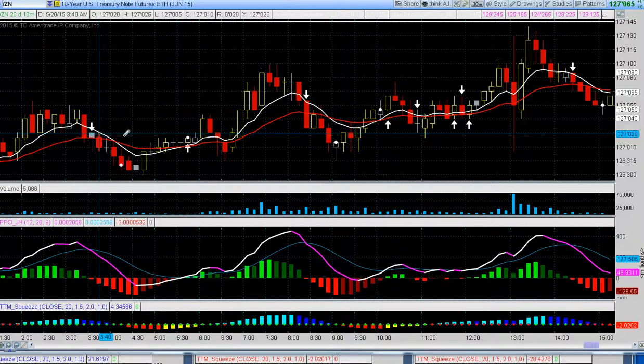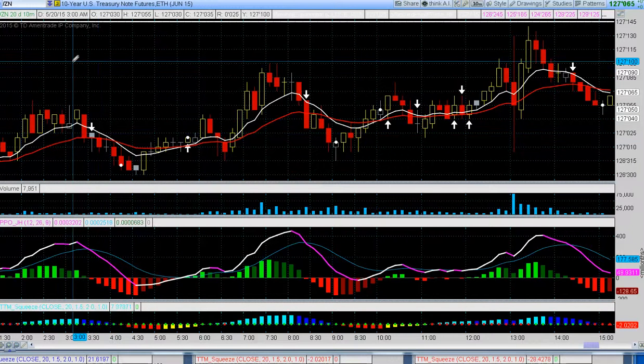Now, this is half the risk. The 10-year note is half the risk of the 30-year. So you can put on multiple contracts on the 10-year and have the same amount of risk as you would with one contract. You can put on two contracts on the 10-year versus one contract on the 30, for example.